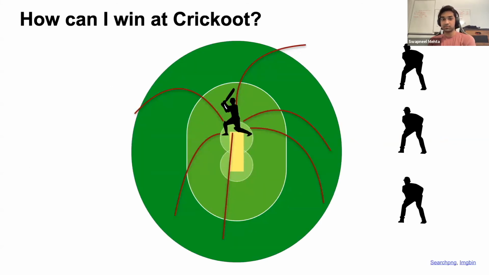Any ideas? I will give you a hint. The number of players is not fixed. I said I've given you some, but that's not necessarily all the players you have.